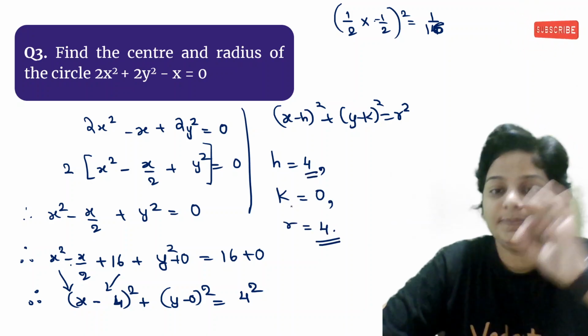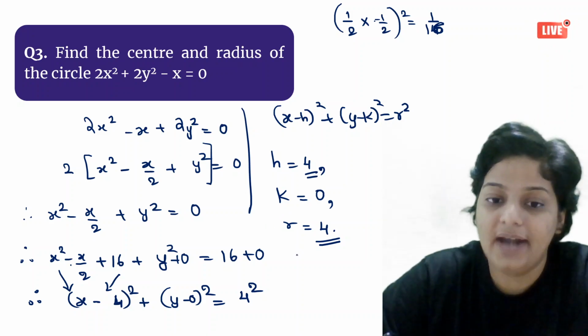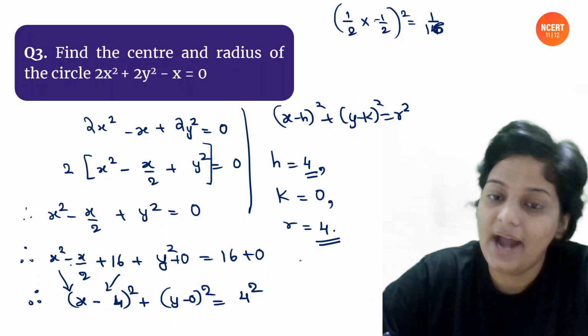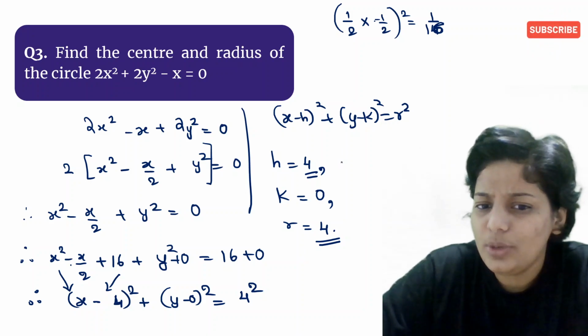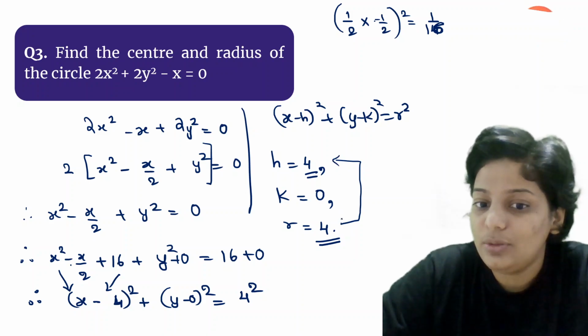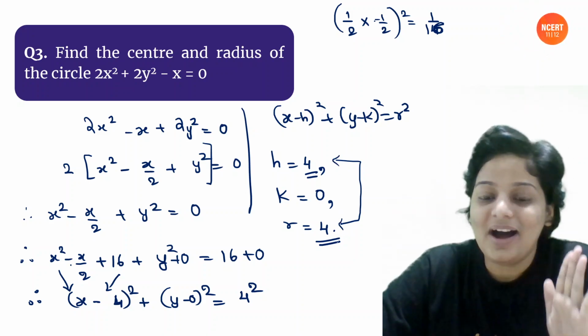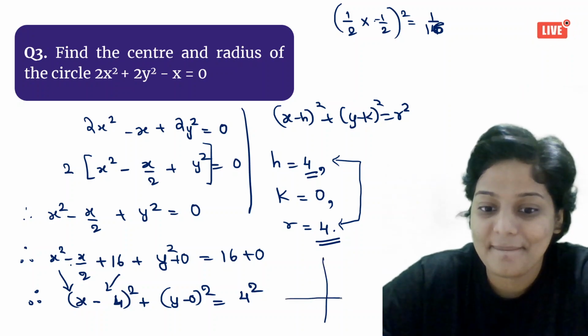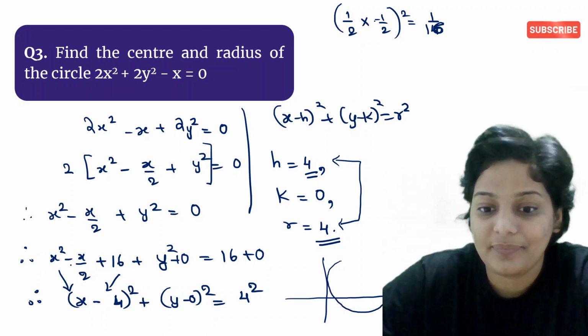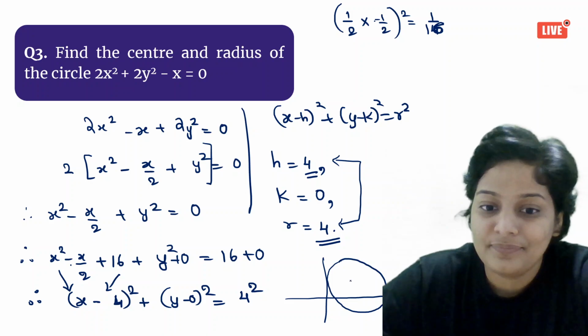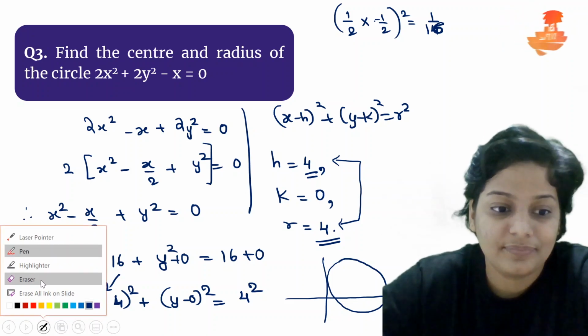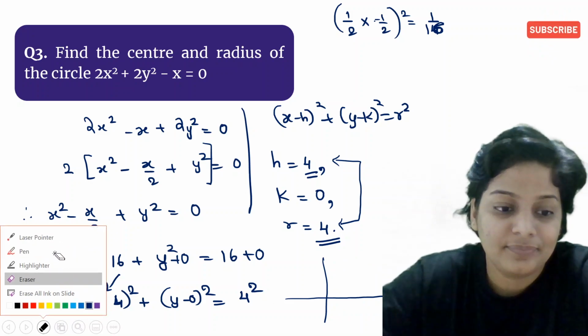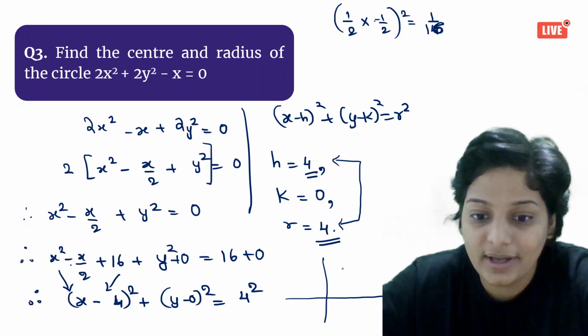So this is the required center and radius. Center is 4, 0 and radius is also equal to 4. Tell me one thing: h is equal to r. Your h is equal to r. How is this circle going to look? If the center is 4, 0, it will look something like this.